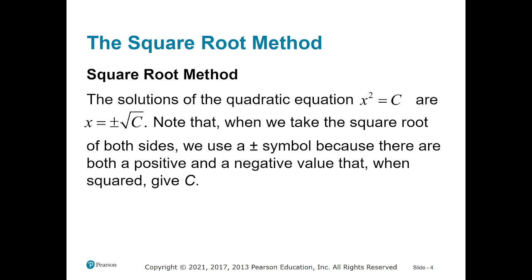Right, so think of it like this. 2 times 2 gives us 4, but -2 times -2 also gives us 4. So if we want to take the square root of 4, we actually have to also consider that there is not just the positive 2 that gave us the 4, but also the -2 that gave us the 4. So following this square root method, if we had x squared equals 4, then the solutions would be x equals plus or minus the square root of 4, and that would be plus or minus 2.